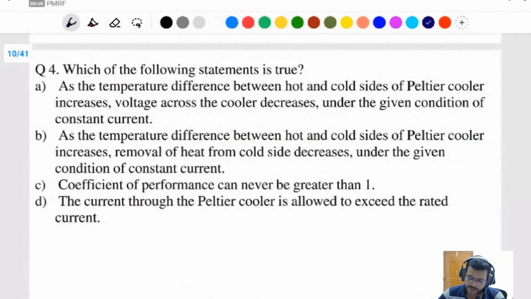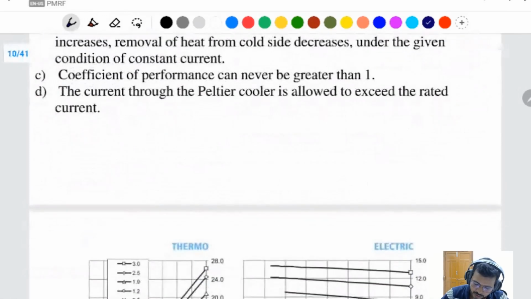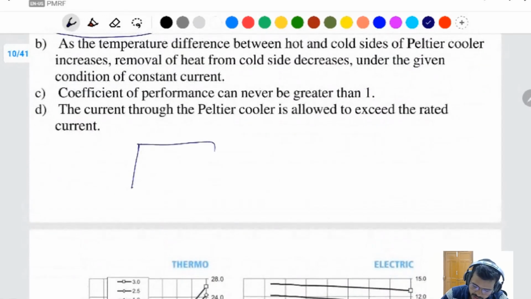Which of the following statements is true? As the temperature difference between the hot and cold side of the Peltier cooler increases, the voltage across the cooler decreases under the given condition of constant current. If the current is constant, then you know about this Peltier device connection.